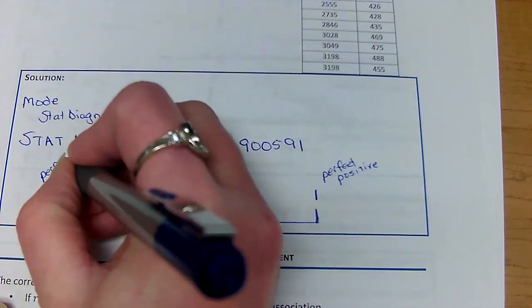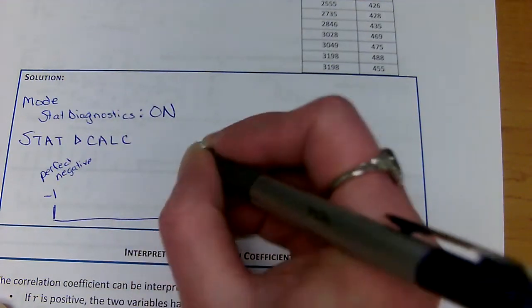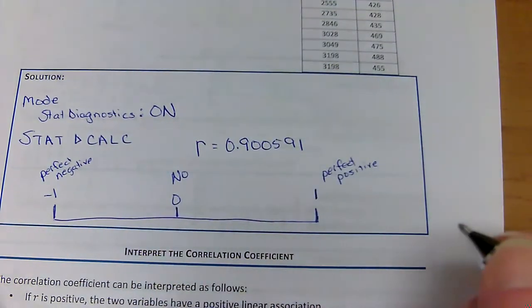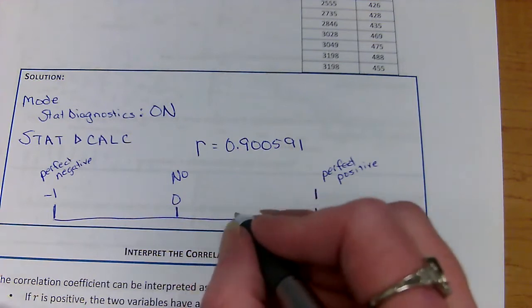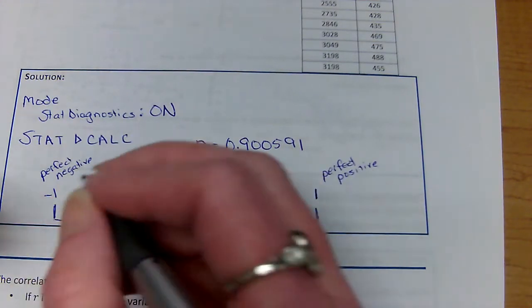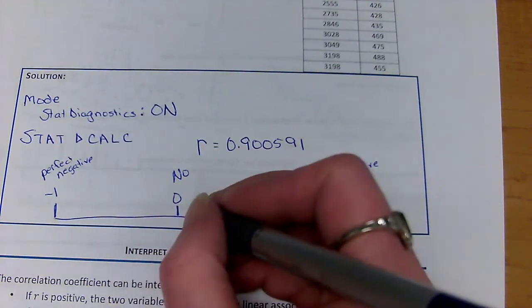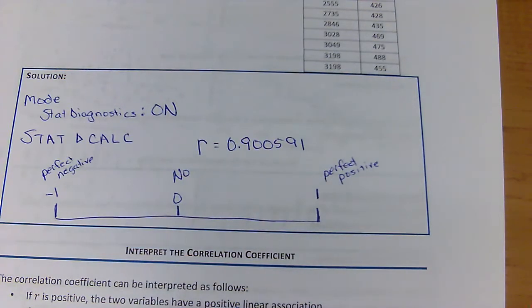They line up in a straight line. Now, 0 would be no relationship. So the closer you are to 1 or -1, the stronger the correlation is. And the closer you are to 0, the weaker it is.